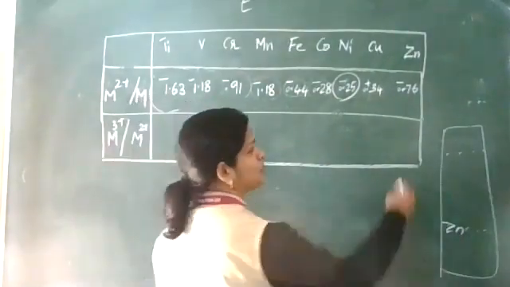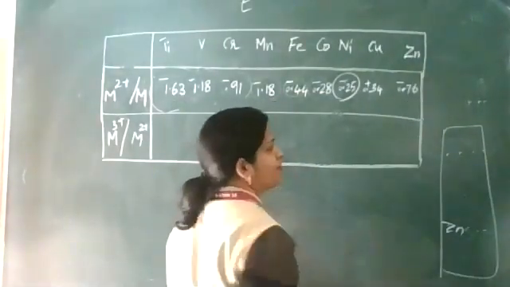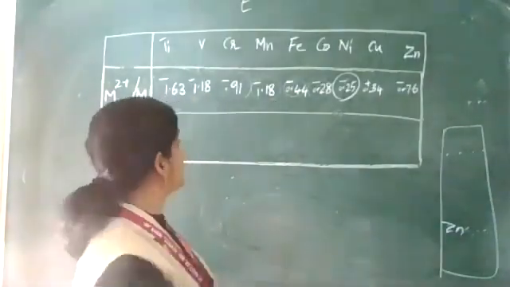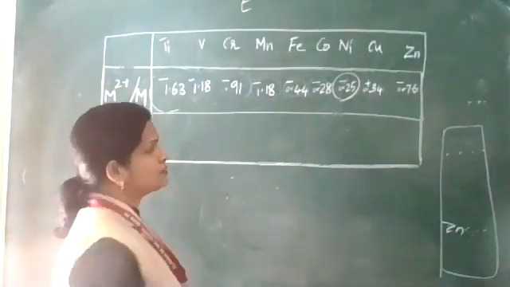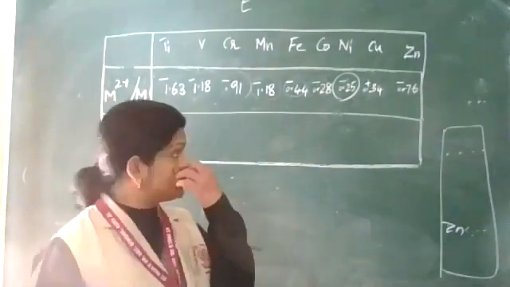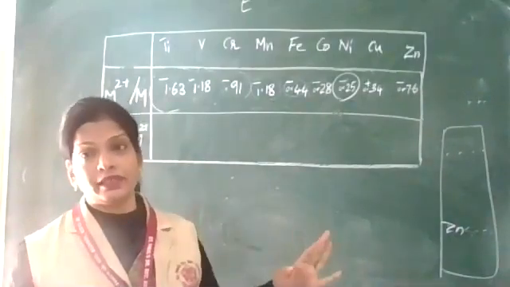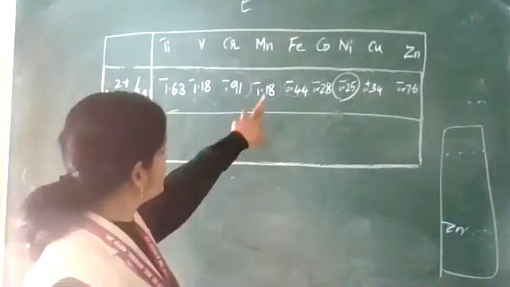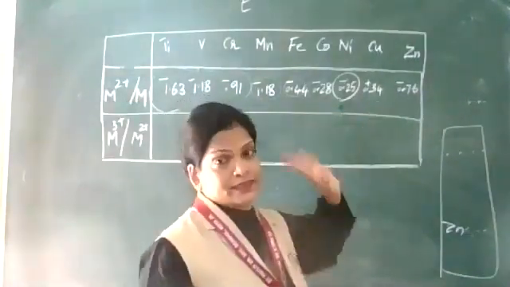We expect zinc to have a high positive, maybe plus 0.5, but it is coming to minus 0.7. The reason is that after the release of these electrons, zinc attains D10 stability.